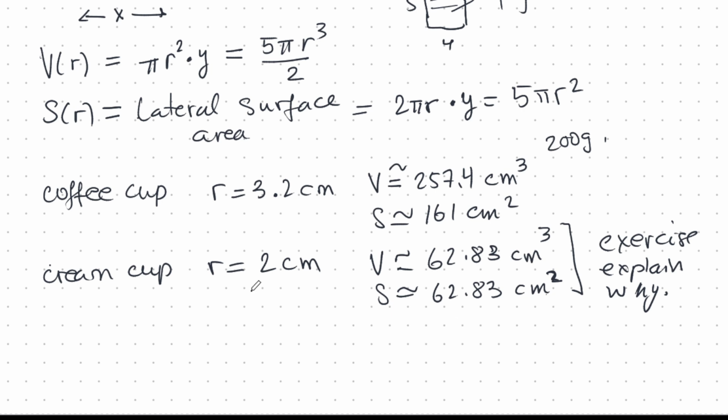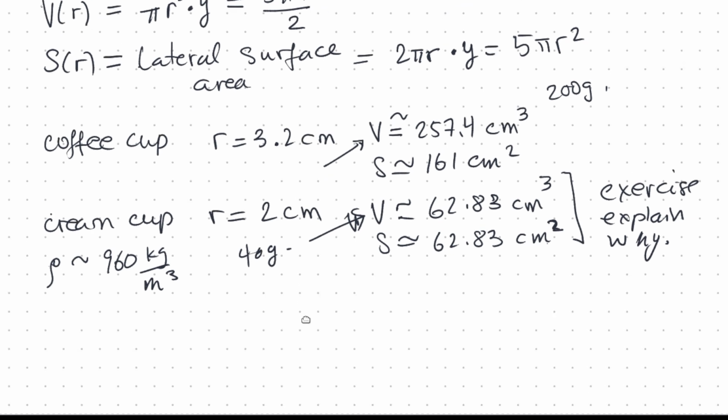All right, so I have to fit in 40 grams of cream in there. And cream has a lower density, something like 960 kilograms per cubic meter. So 40 grams is going to be larger, maybe, I don't know, like 45 cubic centimeters of cream. But it should fit in here no problem because my volume is big enough to hold that. And same here, this is big enough to hold the coffee.